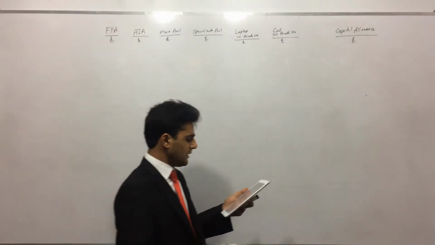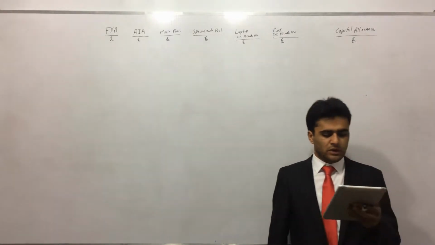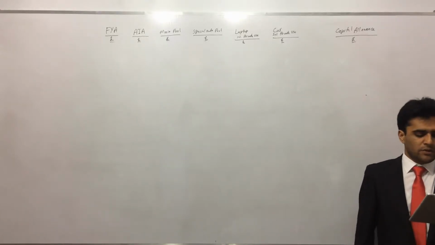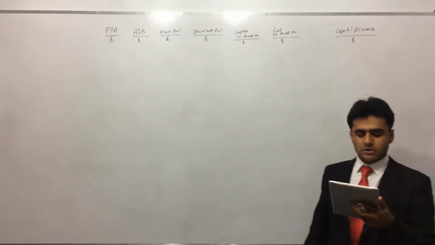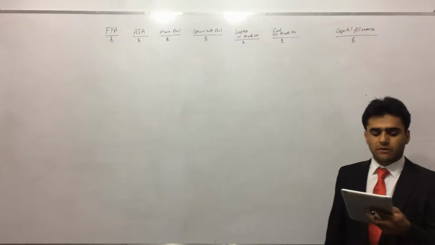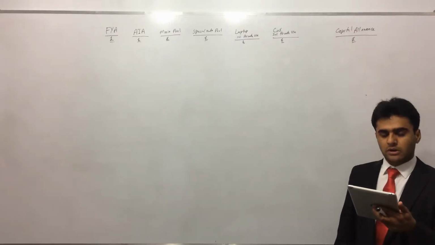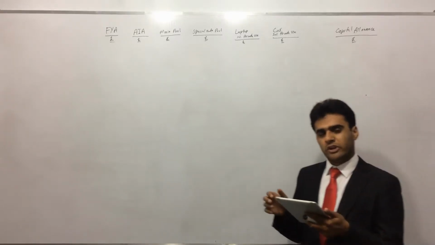After that, on the next page, it says during the tax year ended 31st December 2014, James made the following acquisitions. Now check the date here, please. It says 31st December 2014. The previous year end was 30th June 2014, so it means the figures given below are only for 6 months.